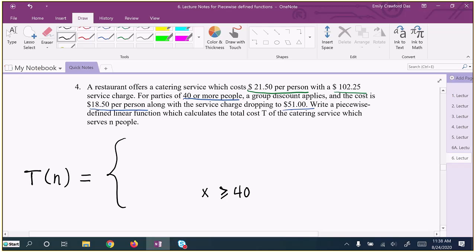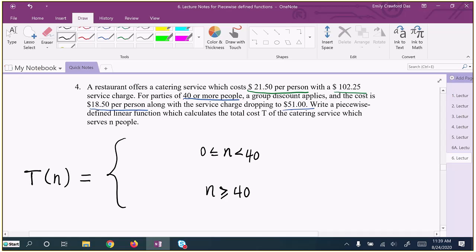And that tells us that this other part should be n less than 40. So if you have 40 people, you get the discounted rate. And again, I'm going to start this at 0 because we're not going to have a party with negative people in it. And I need to be careful because we're not using x here, we're using n.